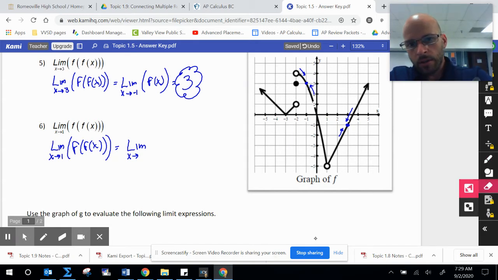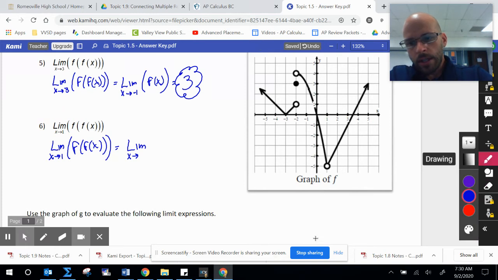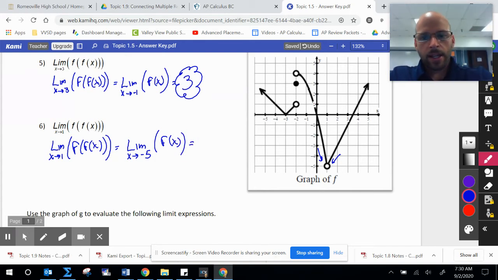Let me erase all the other arrows that are on here. And as I go to 1, I'm going to this hole at -5 of f of x. And if I do that at -5, again, the two-sided limit, that is going to be a value of 2.